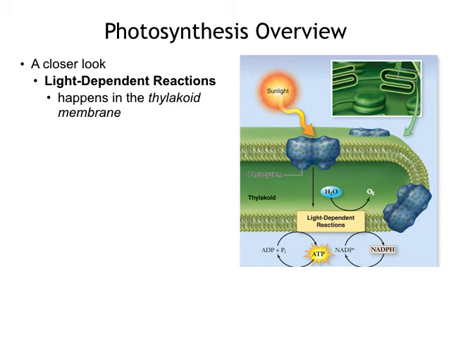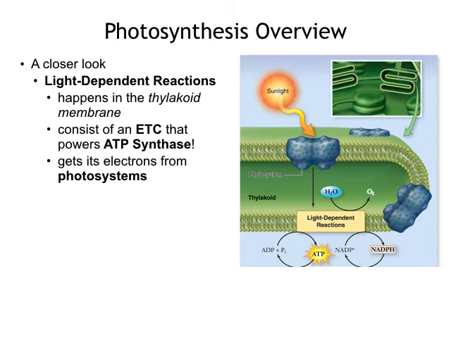They occur in the thylakoid membrane, and it's funny because these reactions consist of an electron transport chain that powers ATP synthase. Very similar to cellular respiration, except that it gets its electrons from photosystems. We'll look at exactly how that happens.